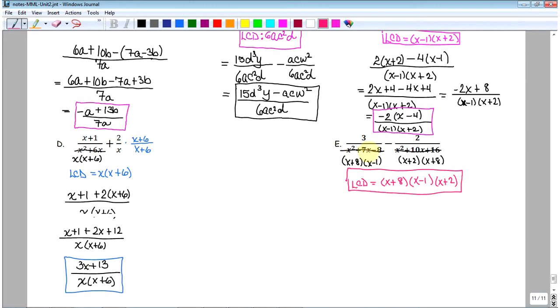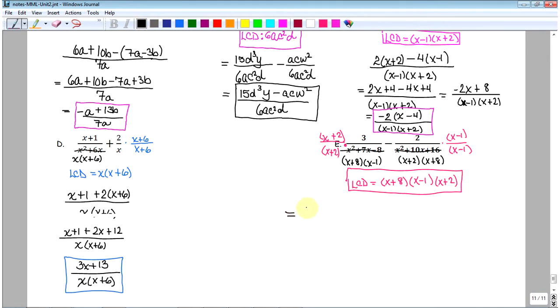So in the first fraction, we're going to need to multiply by x plus 2, since that's what we're missing. So x plus 2 on the top, and also an x plus 2 in the bottom. In the second fraction, we're missing an x minus 1, so we need to multiply by x minus 1 in the top and x minus 1 in the bottom.